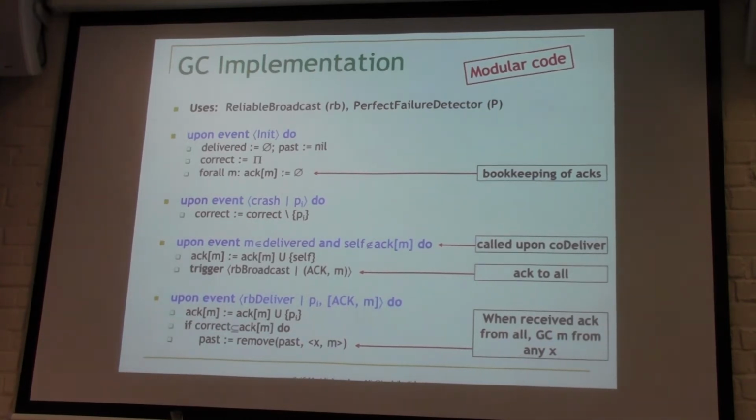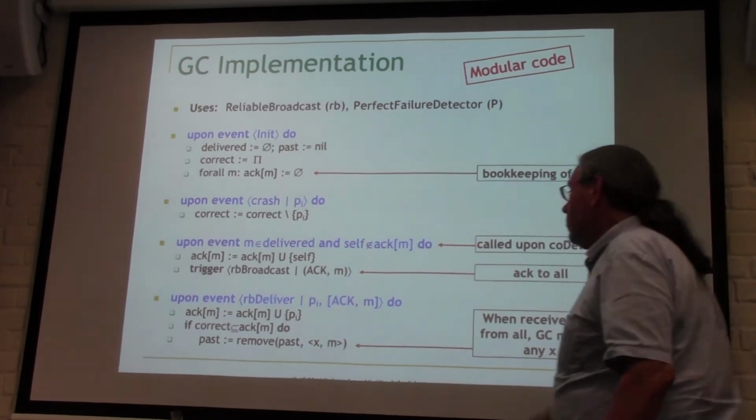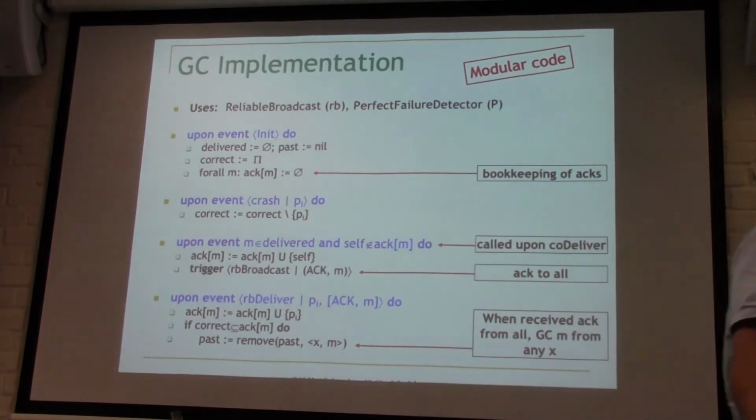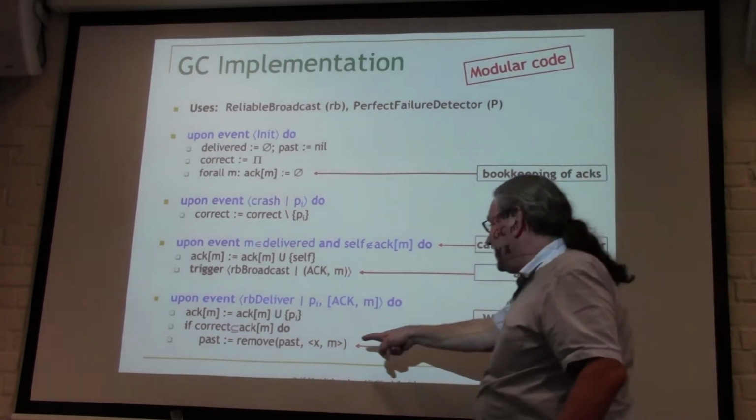Aha. It's actually not hard. When do I need the ACK M value? At some point, I don't need ACK M anymore, and at that point, I can remove it. So I can garbage collect. Maybe when we remove from past, we can also get rid of the ACK.